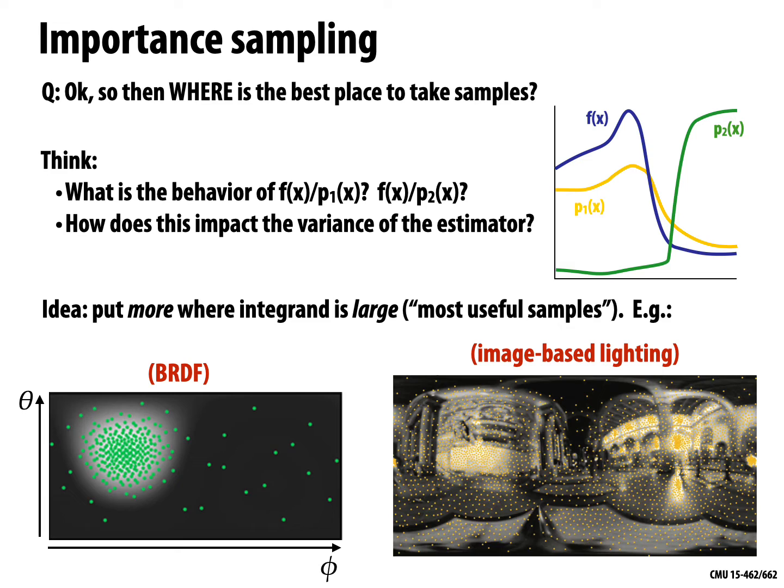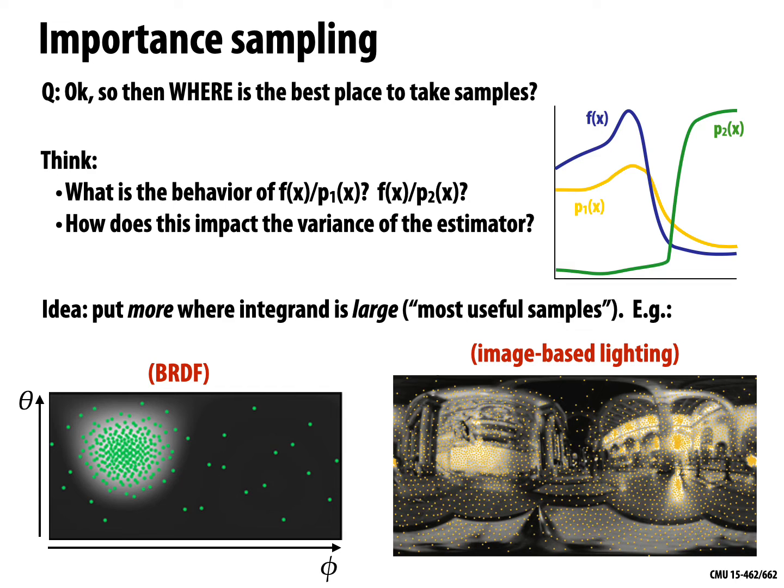Similarly, I might have a scene that's being lit by an image, right? So rather than having a point light source or something like that, I actually have an image that wraps around my scene. You could imagine this image gets warped onto a hemisphere, maybe. And now when I go to say, what is the incoming light? Well, I just do a lookup into this image.